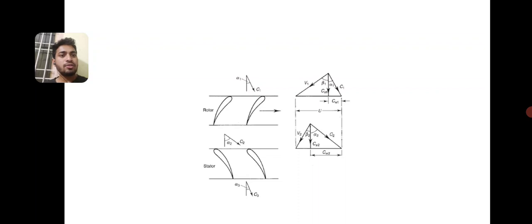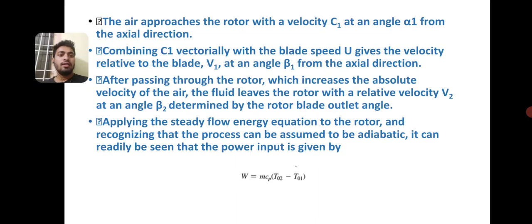This diagram shows the velocity triangles of axial flow compressors. You can see the blade is in the shape of an airfoil, which decides the flow. The air approaches the rotor with a velocity C1 at an angle alpha 1 from the axial direction.